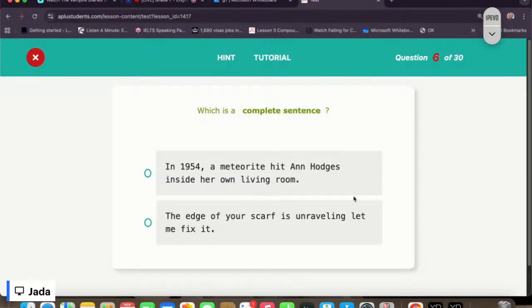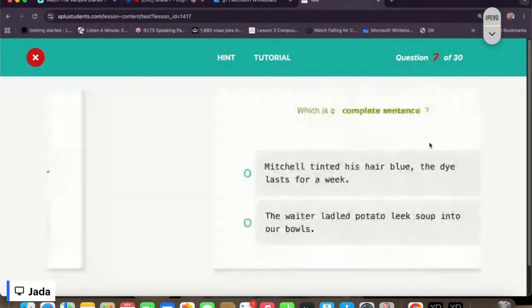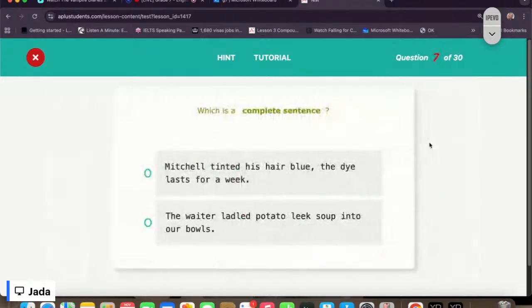All right, so we have the first one. Okay, so which is a complete sentence, first or second?